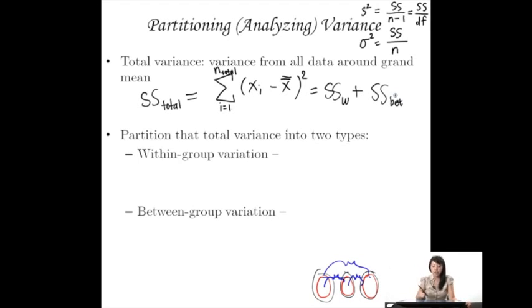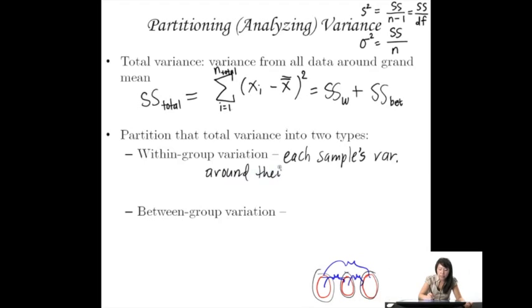All right, first things first, within group variance. How do we get an idea of how different each sample is from itself? The very idea is just like what we've been talking about before. This is each sample's variance around their own mean, and we already know the notation for those means.